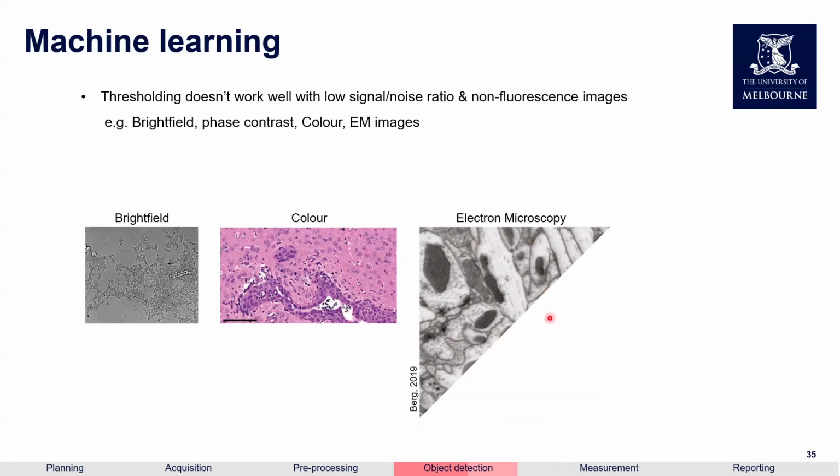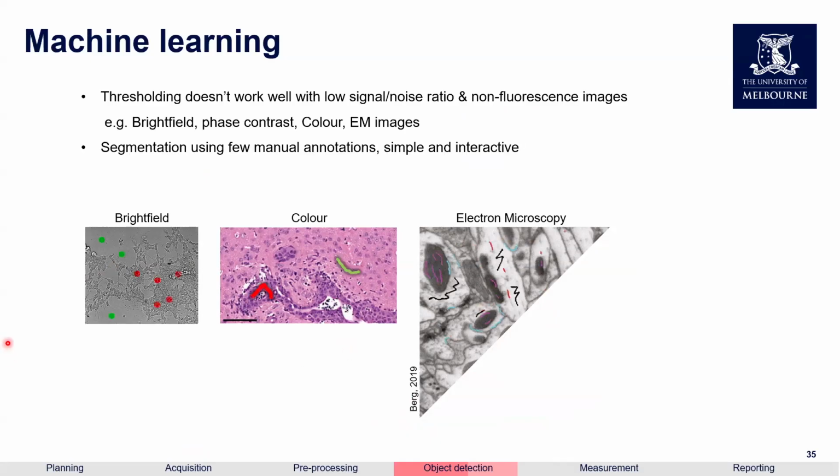In the machine learning approach, users usually annotate the pixels and assign pixels to different groups manually, usually using this type of brush tool within the program. This manual annotation is fairly simple and interactive.